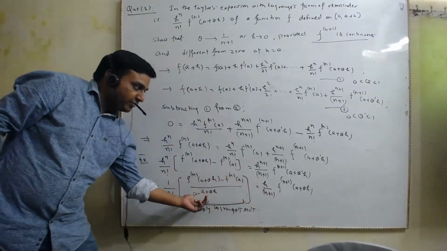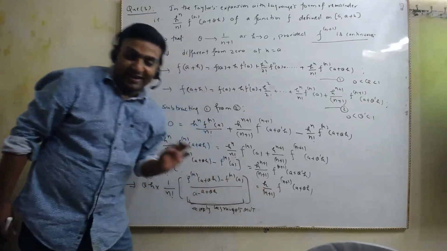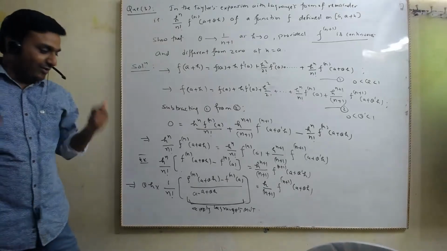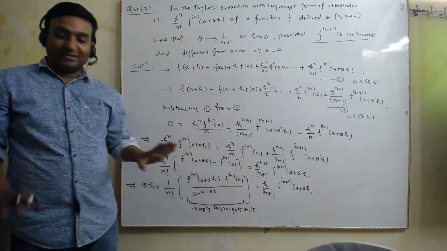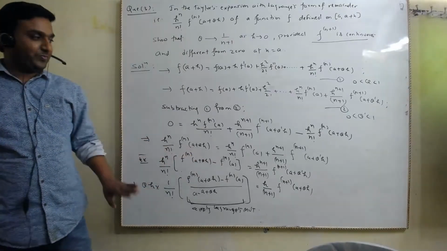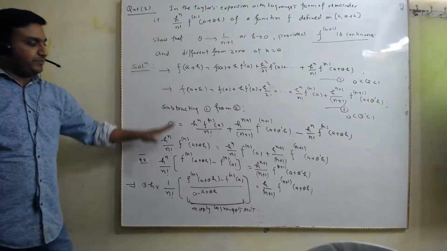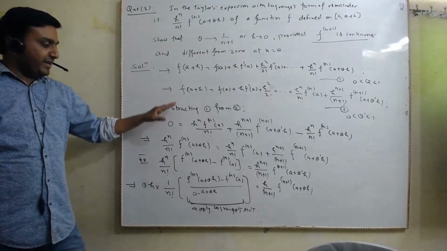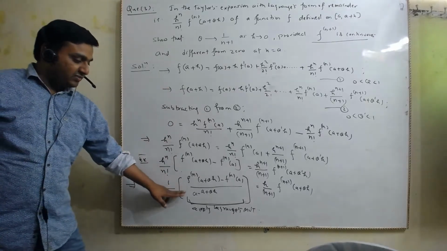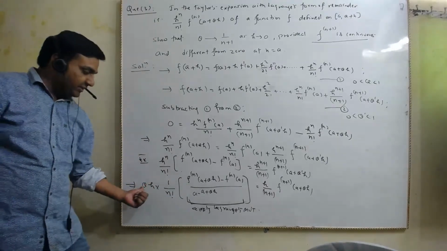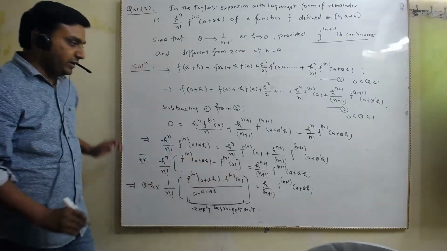Here I have some fraction, here I have some fraction, right? So if that fraction is managed, I will get the value theta as 1 plus 1 upon n plus 1. Please note it down till here, then I will proceed. आराम से देख लीजिए how I have managed the expression, how I have managed apply Lagrange MVT here, and how I will be managing theta as 1 upon n plus 1.